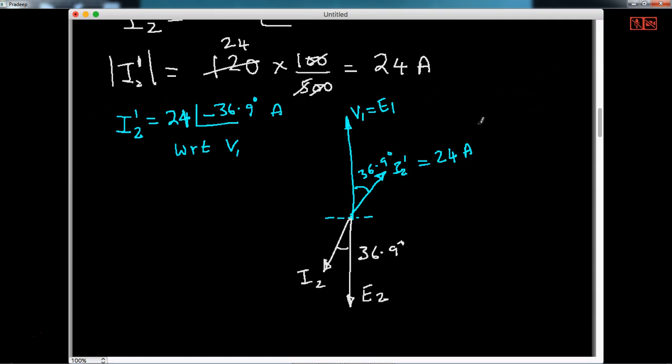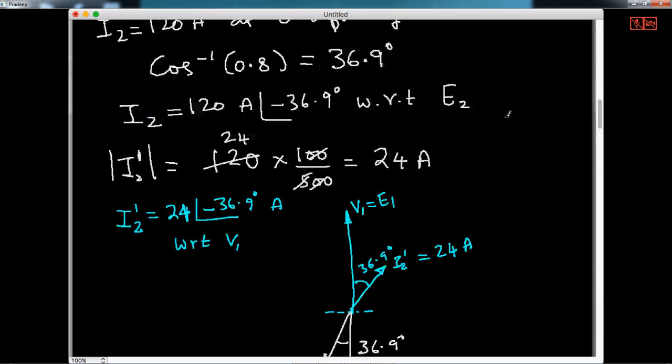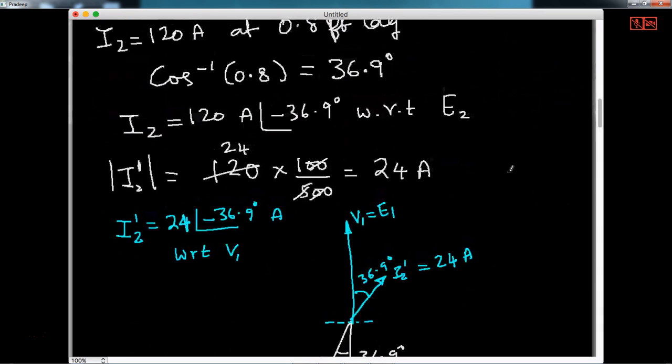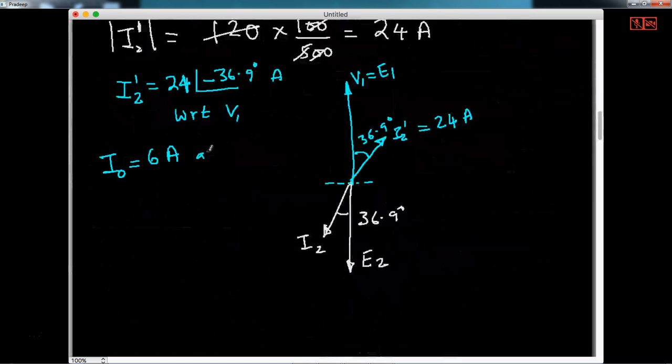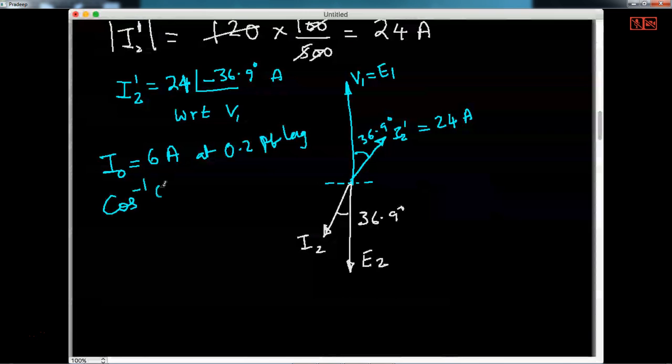Now what is I0? So look at this question: 6 amperes at 0.2 power factor lag. So I0 is 6 amperes at 0.2 power factor lag. This is under no load. So what is cos inverse of 0.2? Let me calculate cos inverse of 0.2.